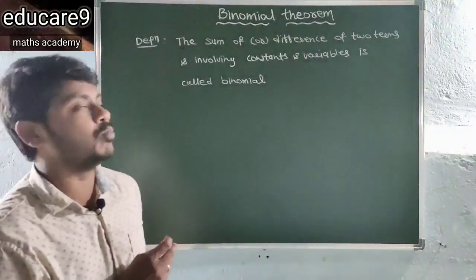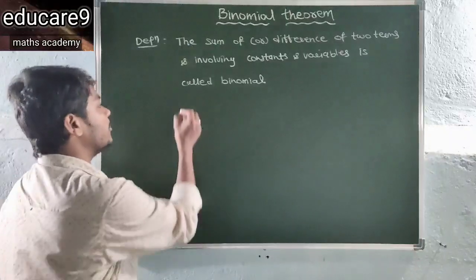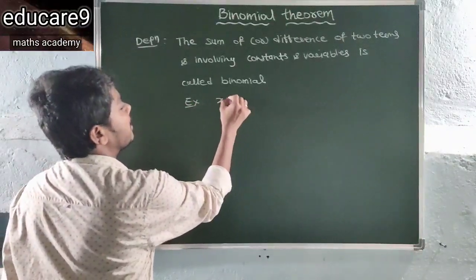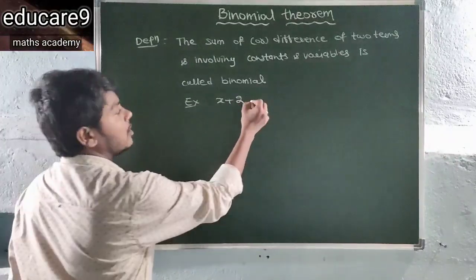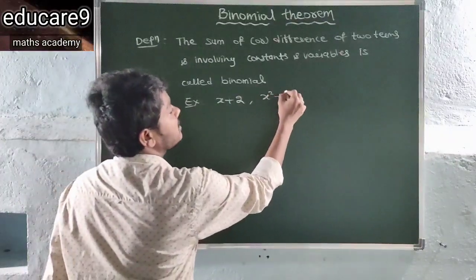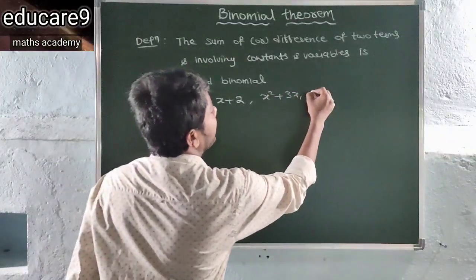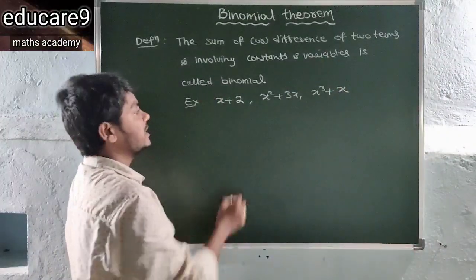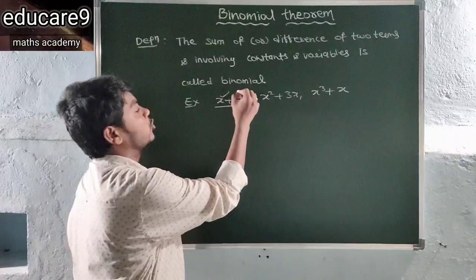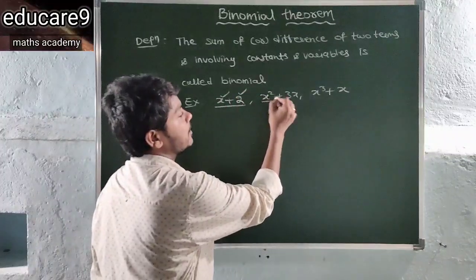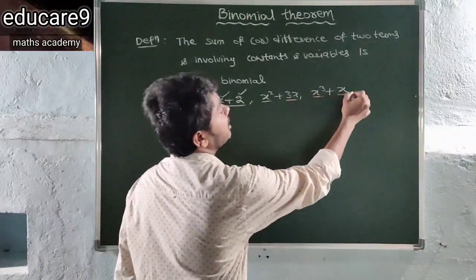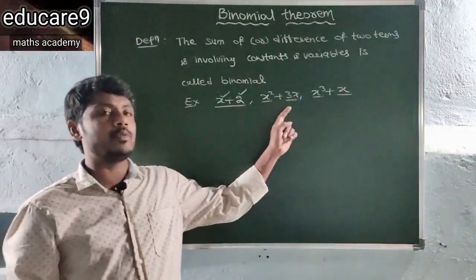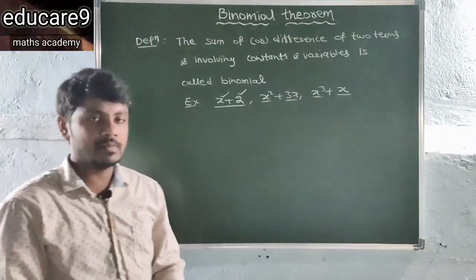For example, x plus 2, or x square plus 3x, or x cube plus x. This expression contains two terms, this one also contains two terms, and this one also contains two terms. So clearly these are examples of binomial.